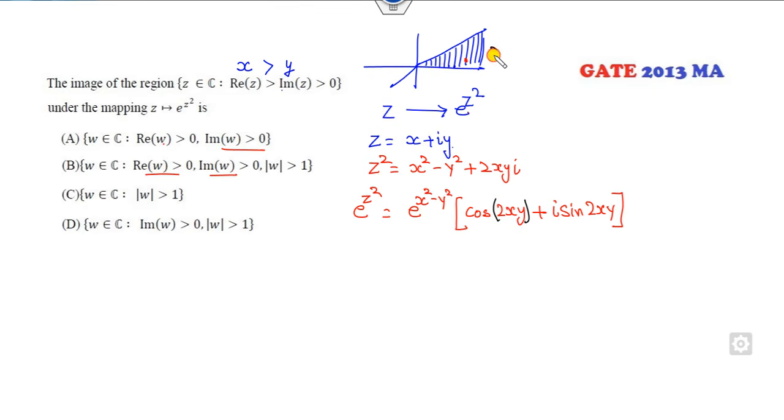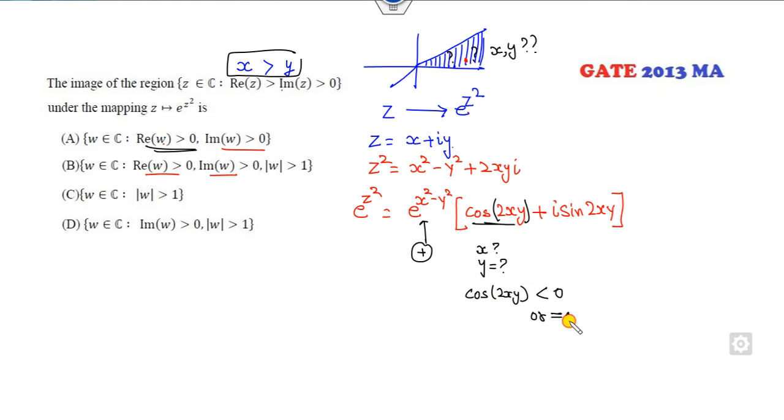You can choose x and y from here such that x is greater than y, because the exponential part can never be negative. Fine. So this is always positive. If you provide any counter example, real part greater than 0, can you choose any x and y in this region so that cos of 2xy is either less than 0 or equal to 0, because we need a strictly greater than 0.